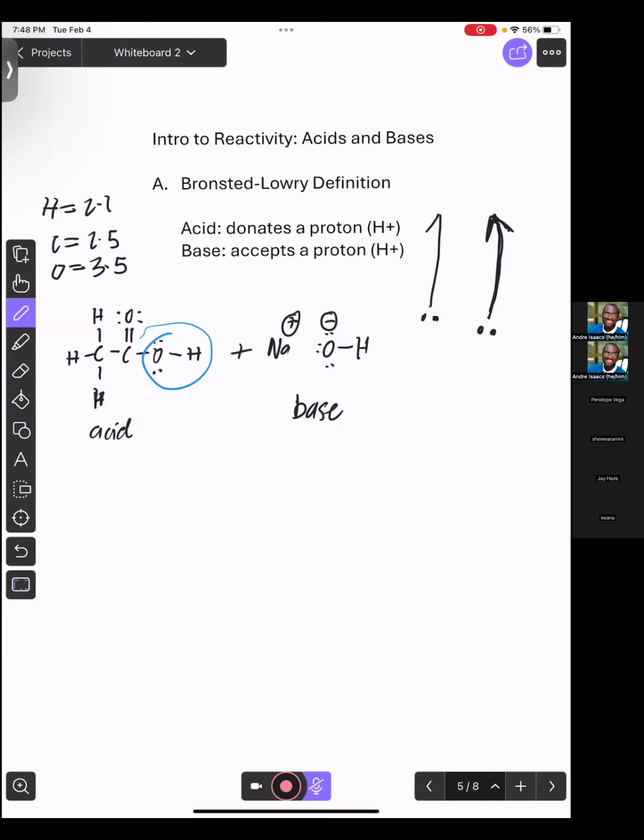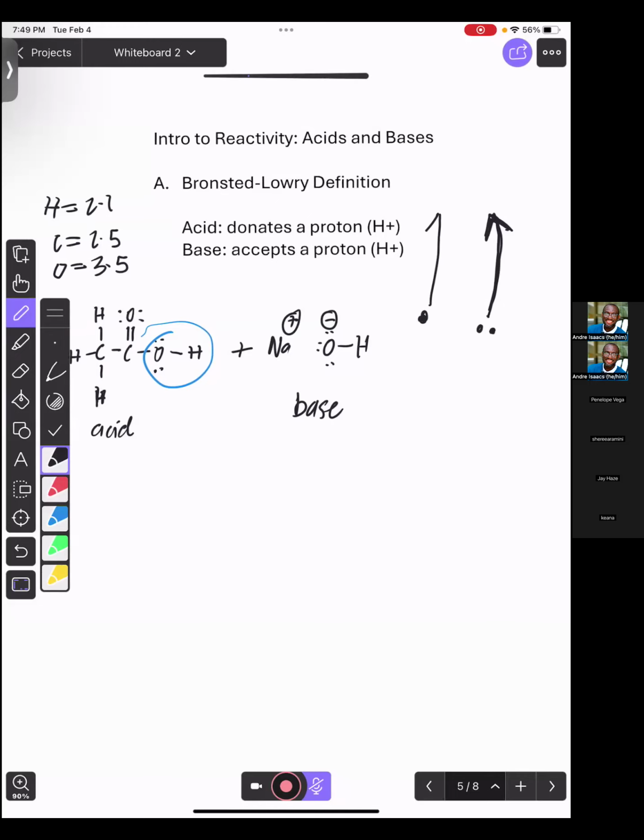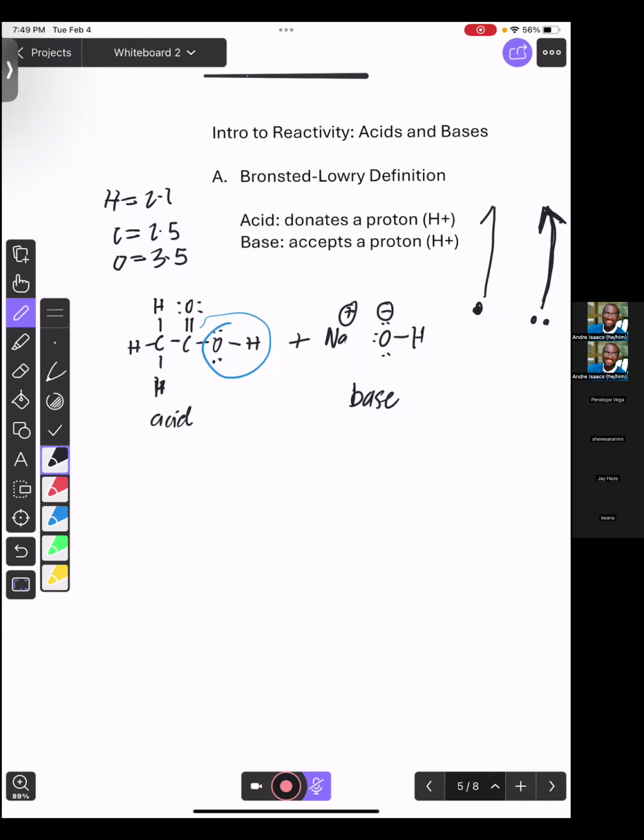If I drew 1 barb on the left, I would be telling you that I am moving 1 electron, okay? Now, because I drew 2 barbs in this one, I am moving 2 electrons, okay? Does that make sense? Everybody follow that? So that is what's going on in this case.